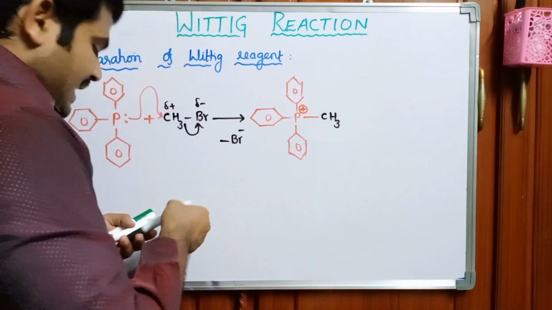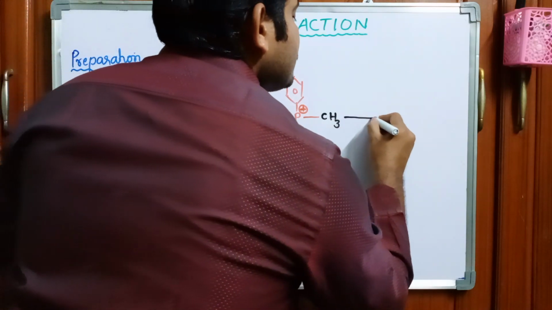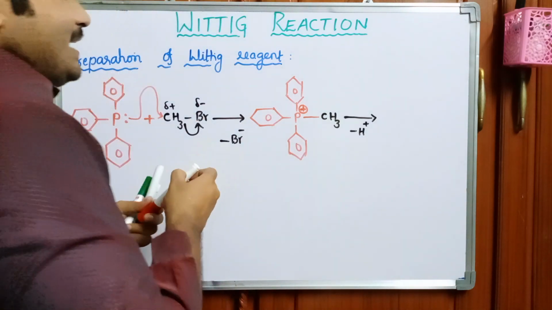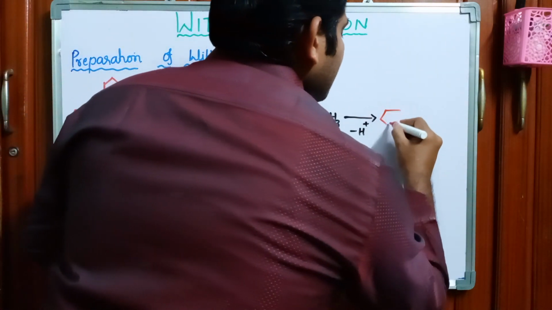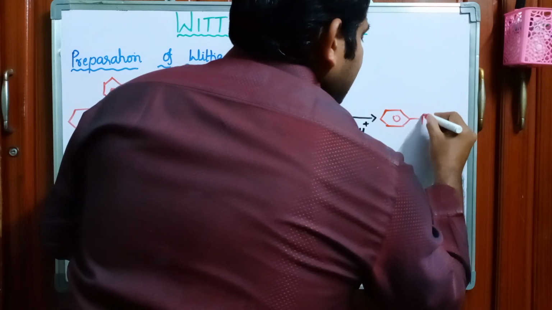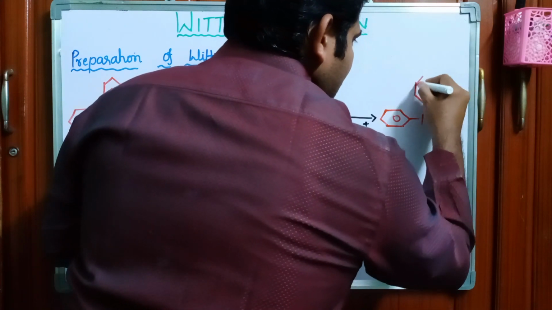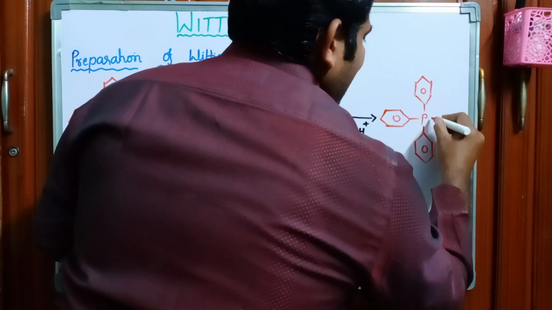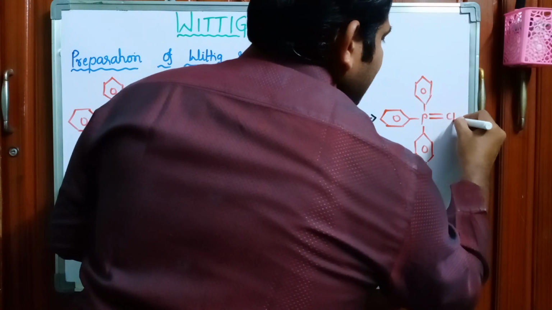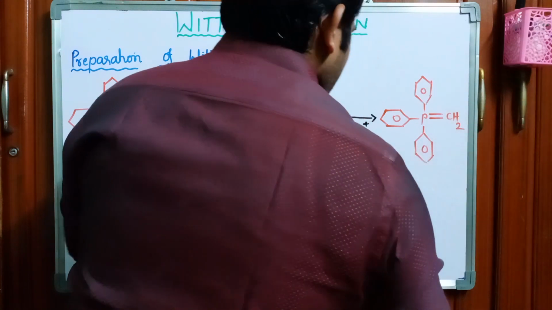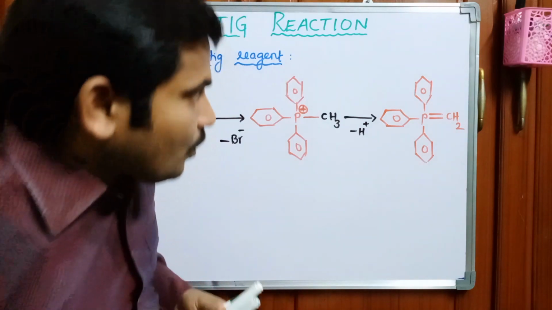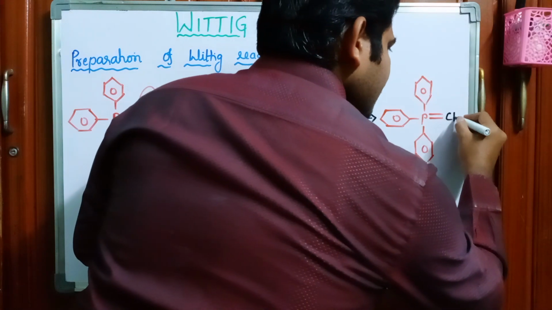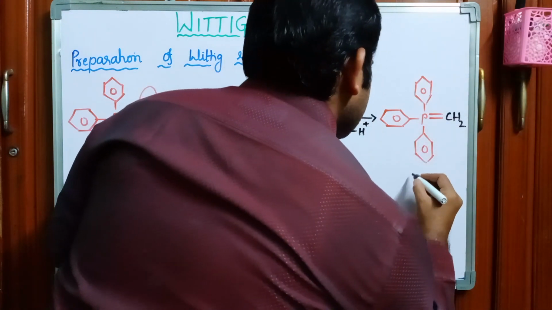To become stable, it loses one H plus ion to yield triphenyl phosphonium ylide.